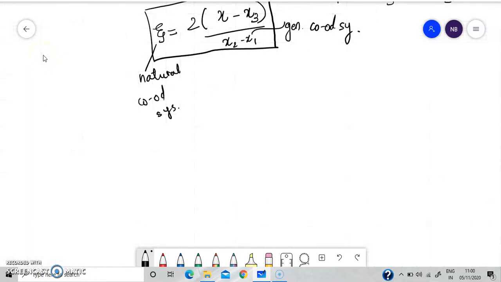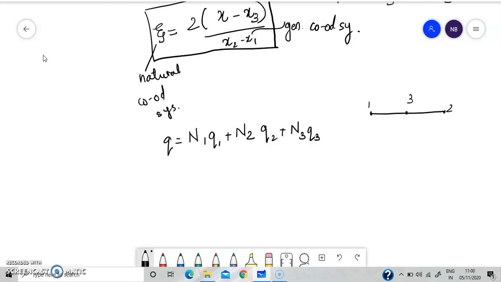The displacement field within the element can be given as n1 q1 plus n2 q2 plus n3 q3. If you are given a 3-noded bar element with 3 nodes 1, 2 and 3, and you are asked to find out the displacement somewhere between these nodes, then you are going to use this formula. This is for a 3-noded bar element.